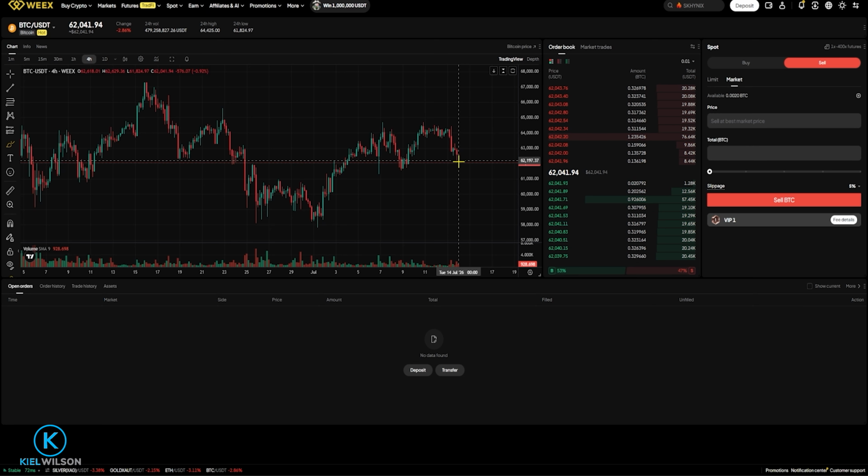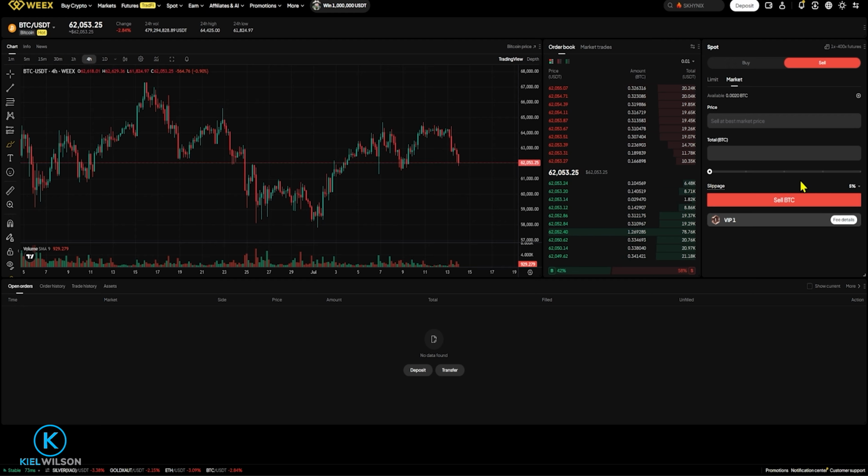Or maybe Bitcoin is just absolutely dumping to the downside, big waterfall coming in, and when that happens, it's going to be chewing up all the bids on the order book really fast. So when the market gets really volatile, slippage can become a concern even on a highly liquid asset. So by setting your tolerance, in my case to 5%, you're basically guaranteeing that you're not going to be selling or buying anything outside of 5% of what you specified at the time of hitting the buy or sell button.